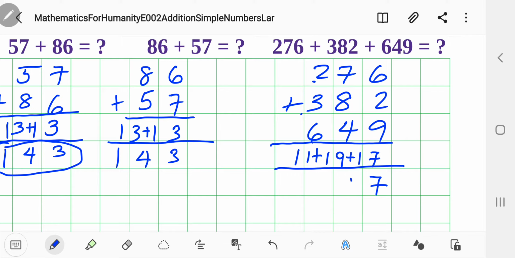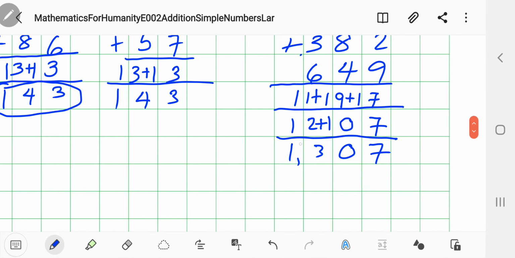So you write the 0 here, and then you write the 1 here. So 1 plus 1 is equal to 2 plus 1, and then you bring down the 1 here. So finally, your answer would be 7, 0, 3, 1. Your answer will be 1,307.